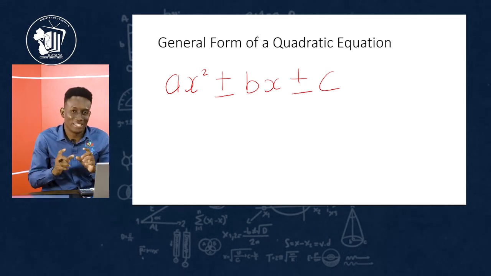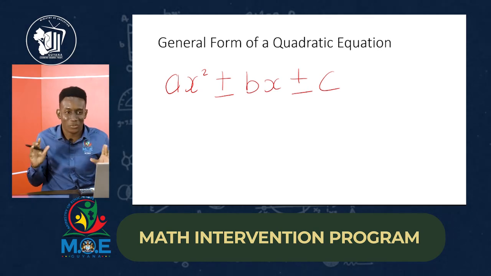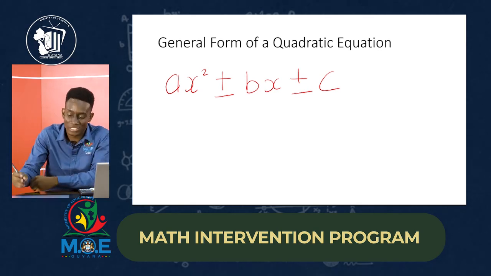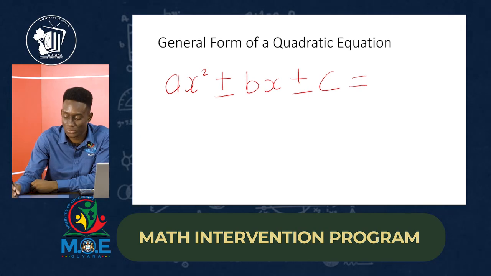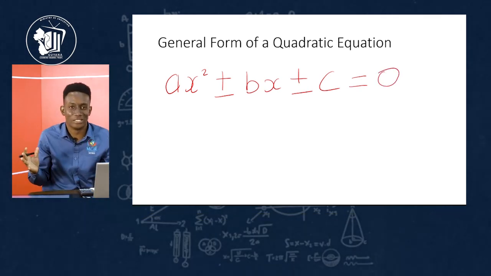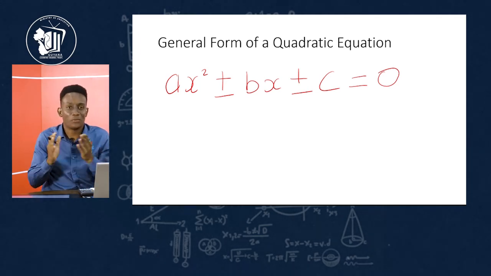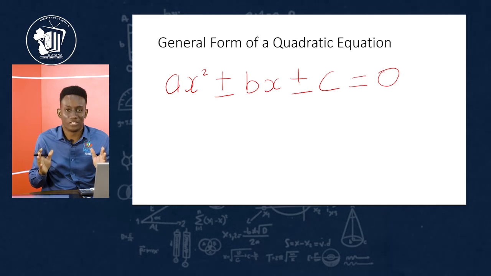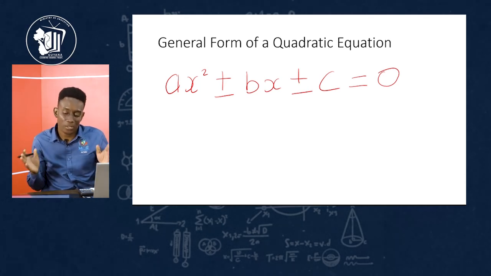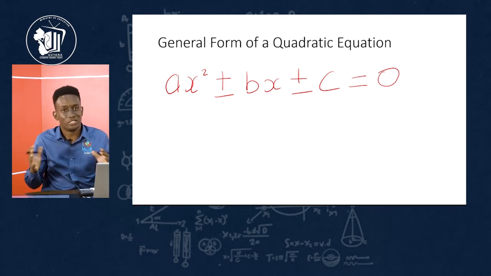Now for the quadratic equation, the only addition that we're making to what we currently have is that we're equating this to 0, because we know in an equation, we must have an equal sign. So here we have the general form of a quadratic equation: ax squared plus or minus bx plus or minus c equals 0.